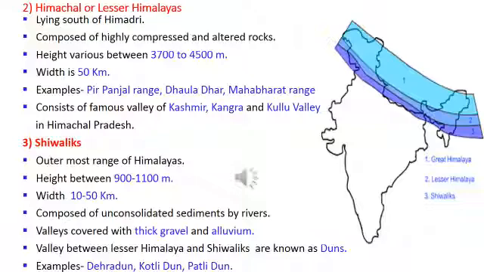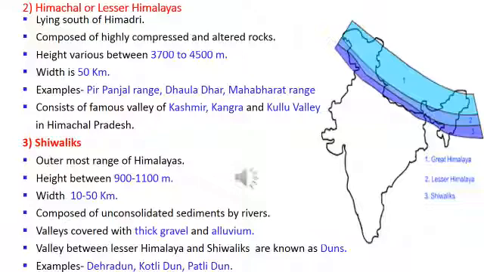Examples are Pir Panjal range, the Dhauladhar and the Mahabharat ranges. This range consists of the famous valley of Kashmir, the Kangra and the Kullu valley in Himachal Pradesh. This region is well known for its hill stations.